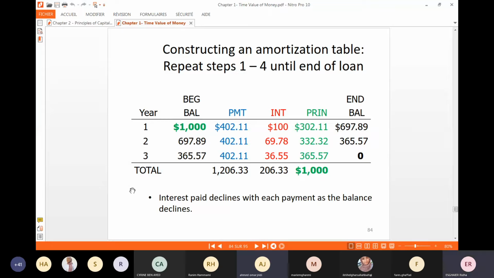كيفاش عملت السام انت كيما هكا؟ خذيت sum of the payments، but effectively can we make the sum of different payments that occur at different dates? No. معناها كانوا $1 1 year from now هو $1 3 years from now.